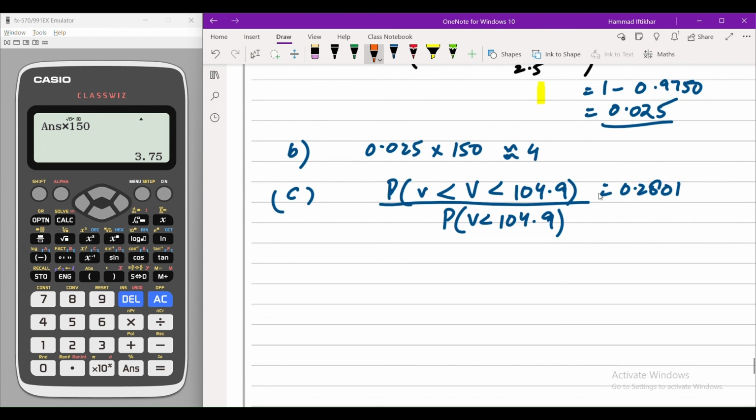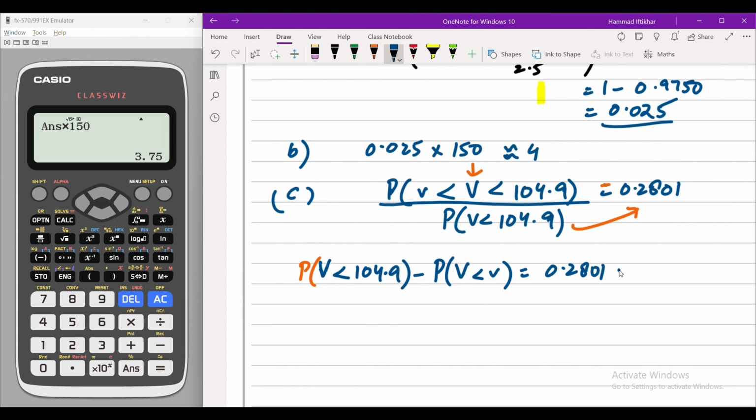So first, let's simplify by taking it on the other side and splitting this all up. So we have the probability of V less than 104.9 minus the probability of V, sorry, small v, V less than small v equals 0.2801 times the probability of V less than 104.9.